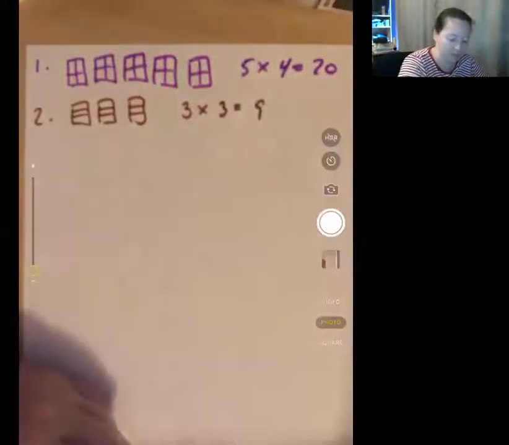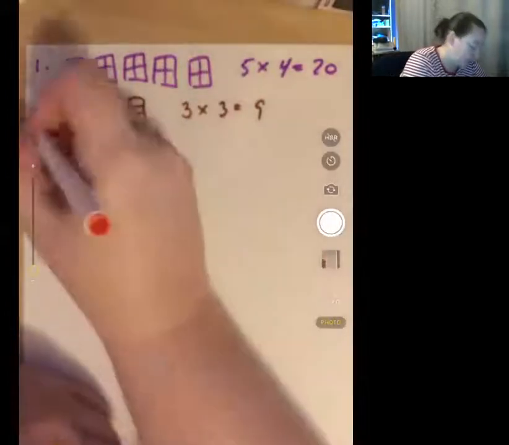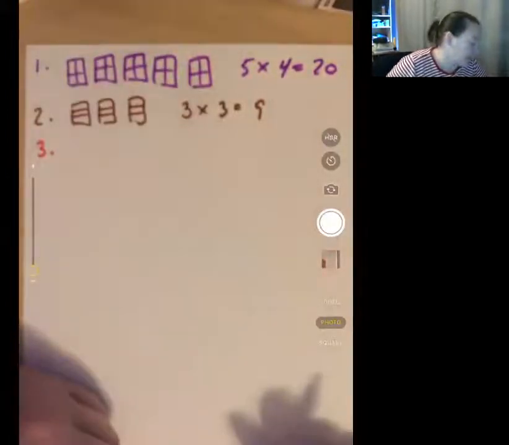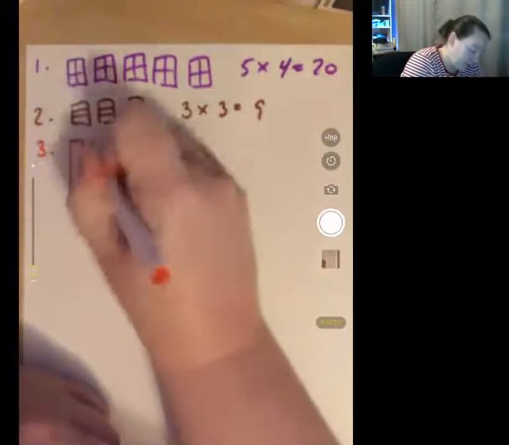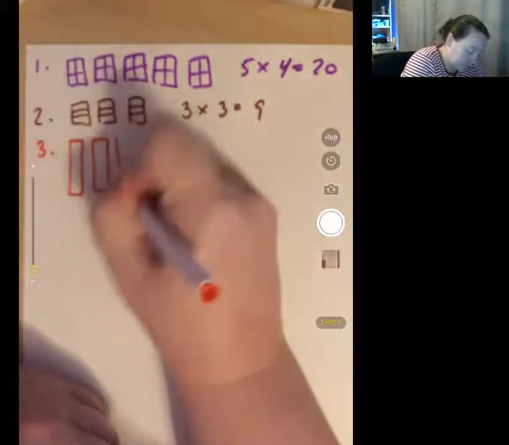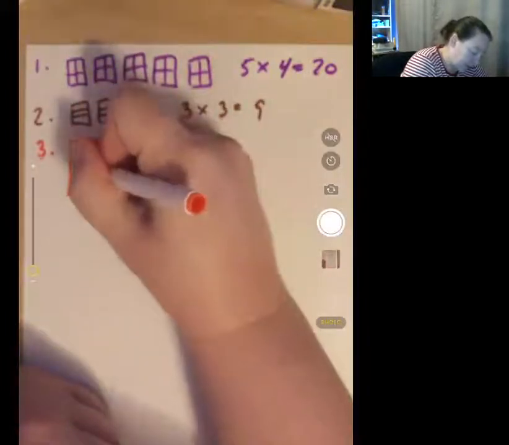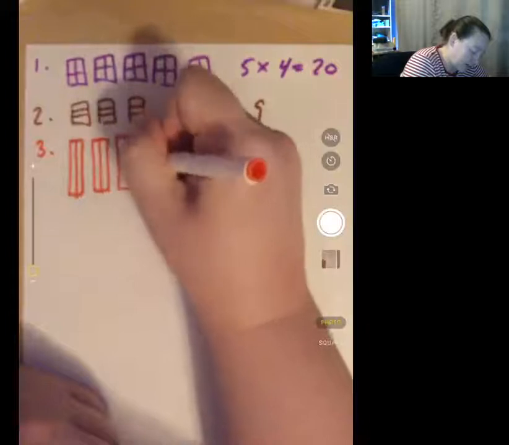Number 3. Holly cuts 3 ribbons into 8ths for a craft project. How many 1/8 pieces of ribbon does she have? Okay, so I have 3 ribbons, which I'm going to cut in half first. Sorry, I know we shouldn't be cutting it that way.